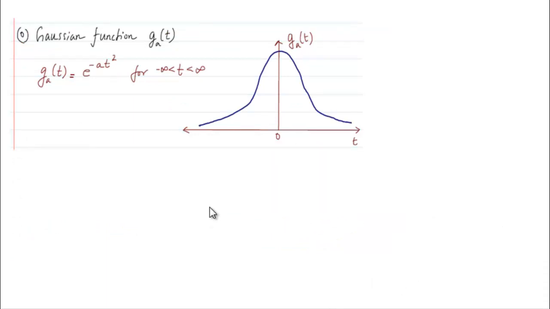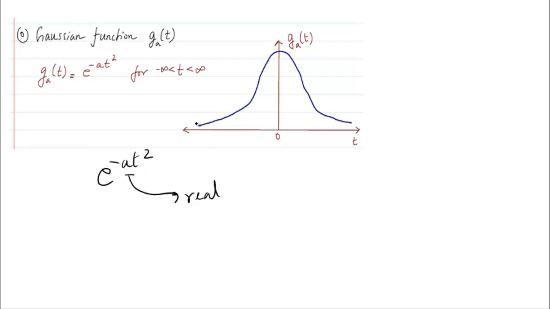Next is a Gaussian function. A Gaussian function again is going to be mostly useful when you study digital communication. The equation is basically given by e raised to the power minus a t square, where a is a real value.